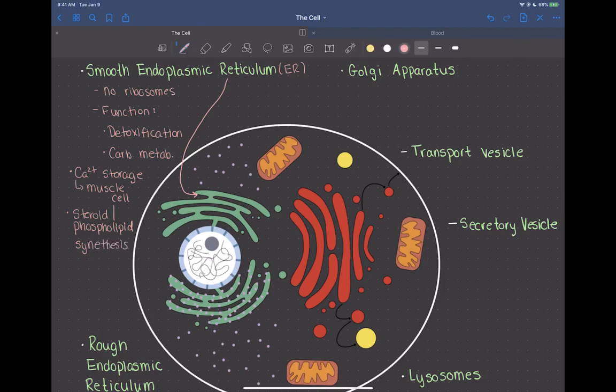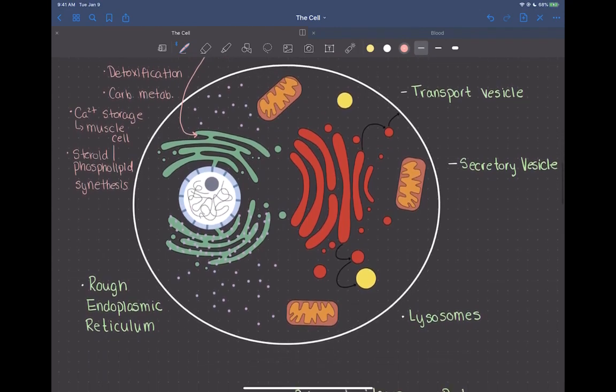So we're going to make steroid fats and those hormones, including cholesterol, as well as phospholipids in the smooth ER. So that's four different functions for smooth ER: detoxification, carbohydrate metabolism, calcium storage in some cells like muscle cells, and phospholipid or steroid fat synthesis.